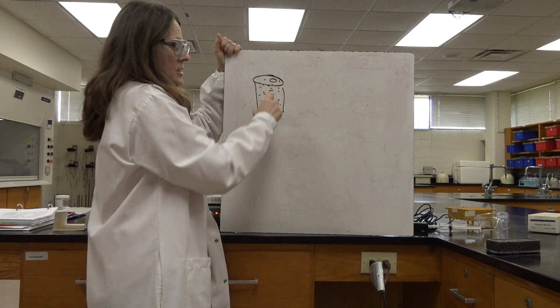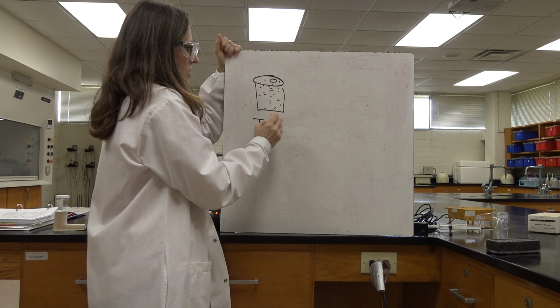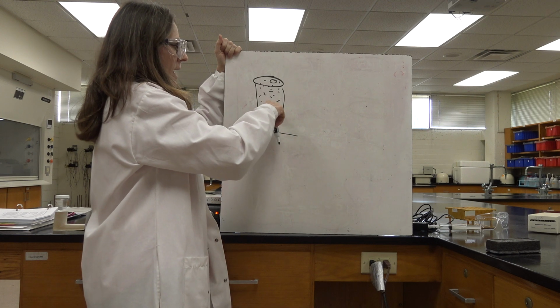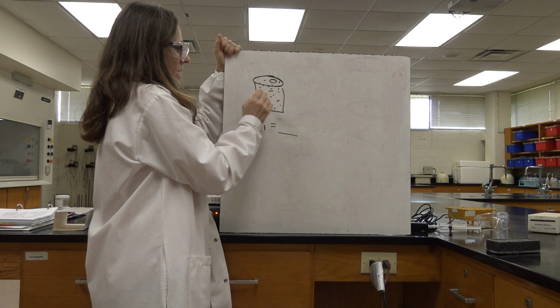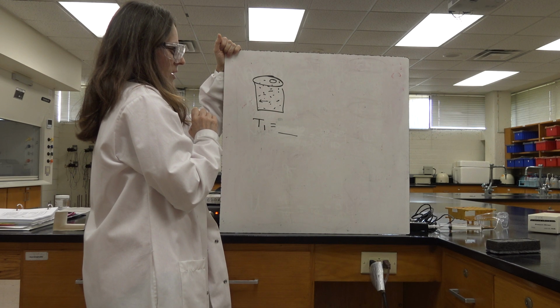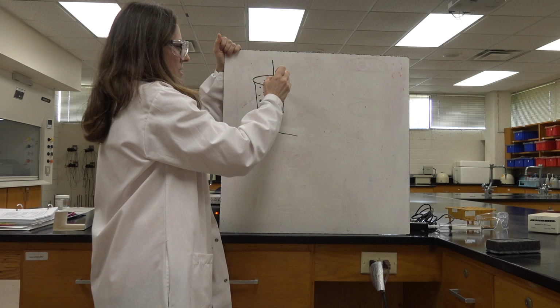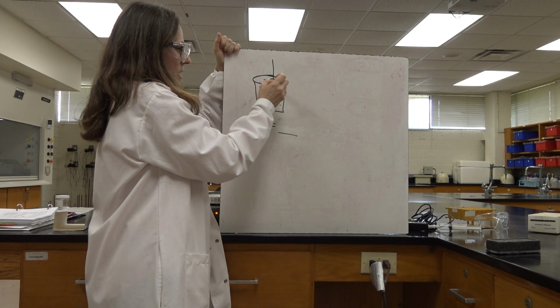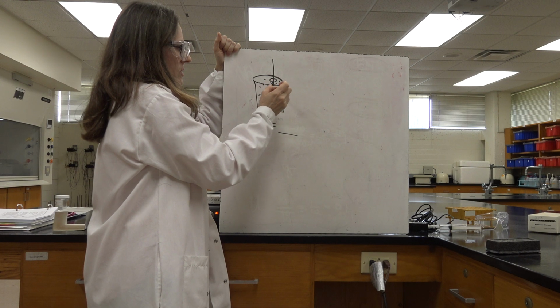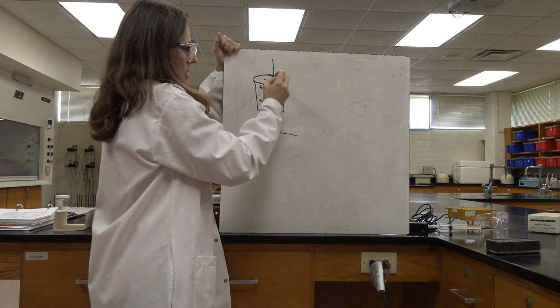It has a certain temperature. I'll let you estimate that. And it has a pressure. The particles are colliding on the side of the container, but it is equal to the pressure of the atmosphere because the atmosphere can be inside this can as well, pushing out.